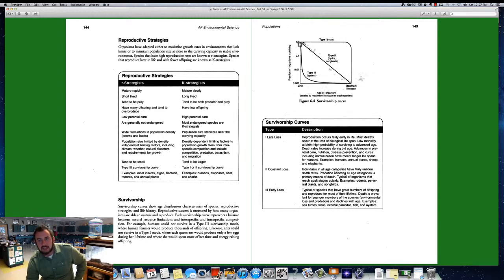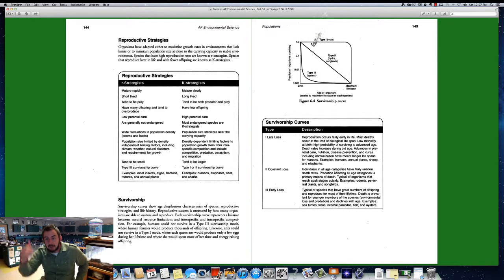You can see that we've got a lot surviving, and they keep surviving for a very long time from birth until they reach a certain age and they drop off. That's reaching our maximum life expectancy. So let's say that reproduction occurs fairly early in life. Most deaths occur at a limited biological lifespan. Low mortality at birth, which you can see is obviously the highest fraction of organisms surviving.